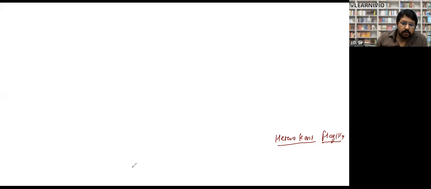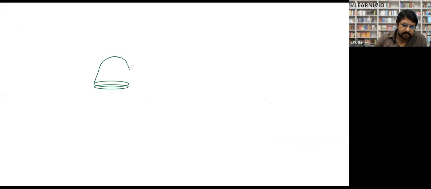Okay. So I told you that these dinoflagellates have a different structure. Suppose this is a dinoflagellate. So they have two flagella. One flagellum is transverse and another is vertical.